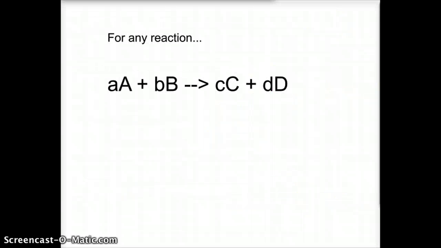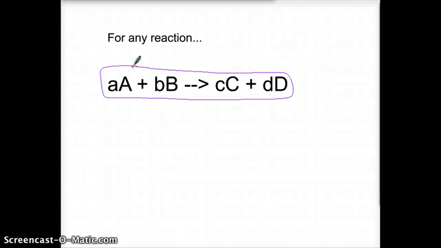So if you're given any chemical reaction, here I give you a reaction where we're just using letters to represent any compounds. How do we calculate the entropy of this reaction? Well, the standard entropy change, delta S naught of this reaction is going to be equal to the products minus the reactants.